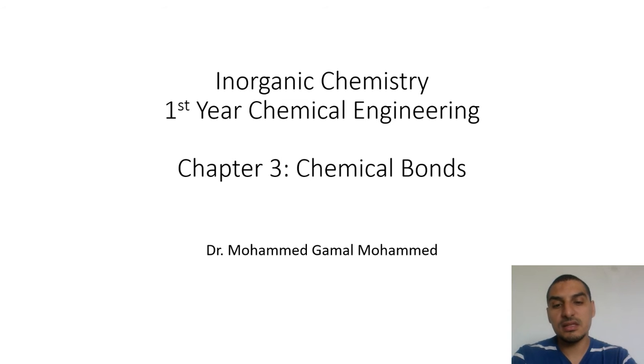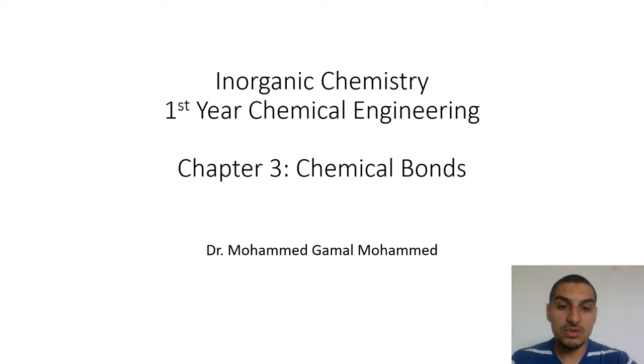And then in the second chapter we talked about the periodicity of elements, and we understood how the shape of the periodic table relates to the electronic structure and how the subshells are arranged. And this explained what the periodic table looks like.